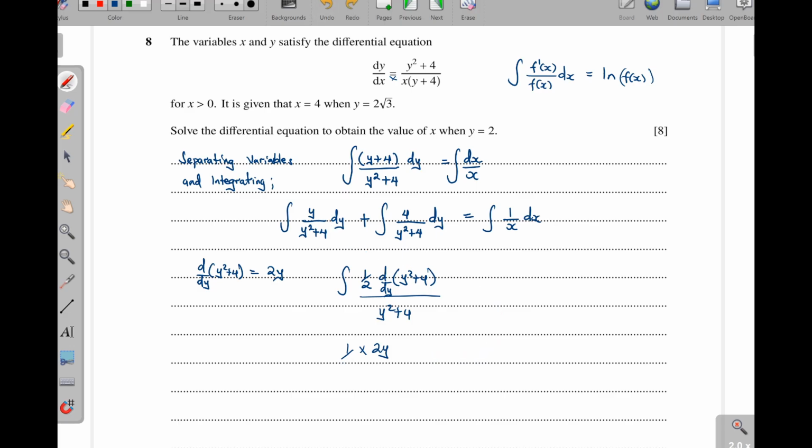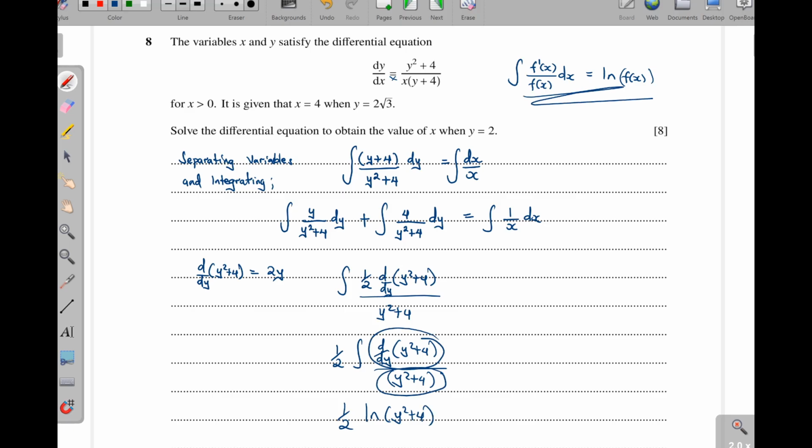So what I'm having here is that when we differentiate the denominator and then we multiply it by a half, we get what is here. So you can take this half outside, and then you can see that up here you are remaining with the derivative of what is down here. Is that so? So meaning we shall have this a half the natural log of the denominator, because what we have up here is the exact derivative of what is down, just like the way we are having this.